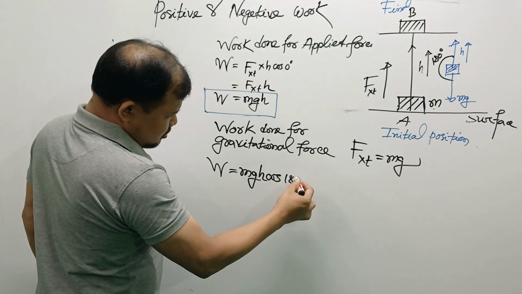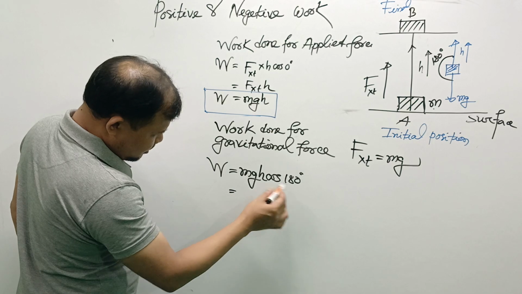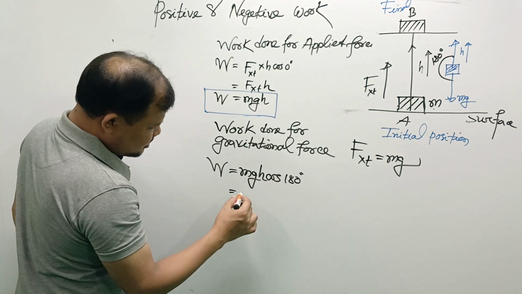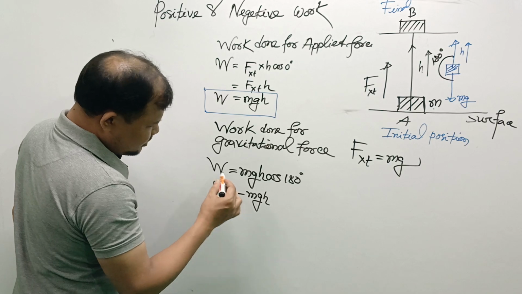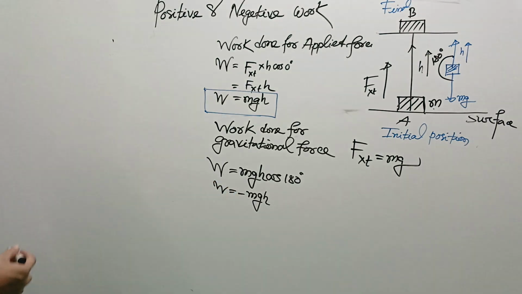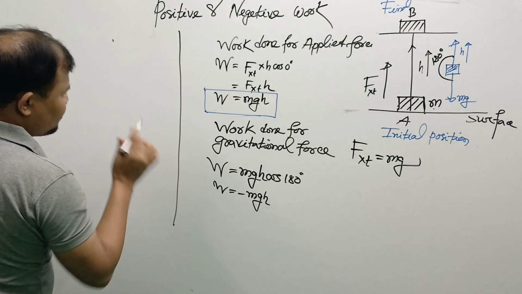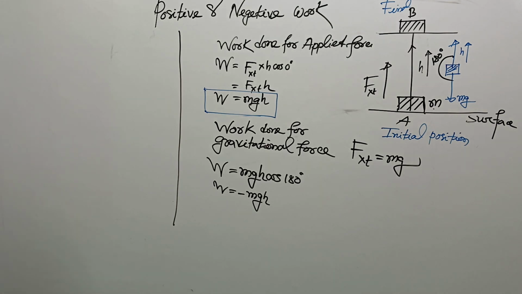So the value of cos 180 is negative, so the work done will be negative in this situation. My dear students, I think all of you clearly understand what actually happened here.